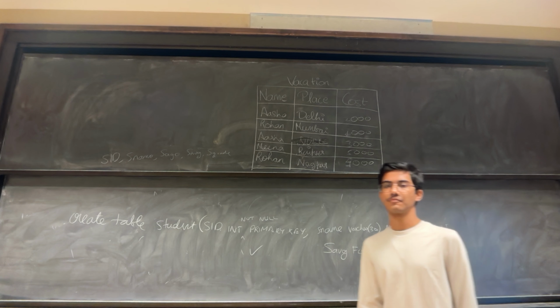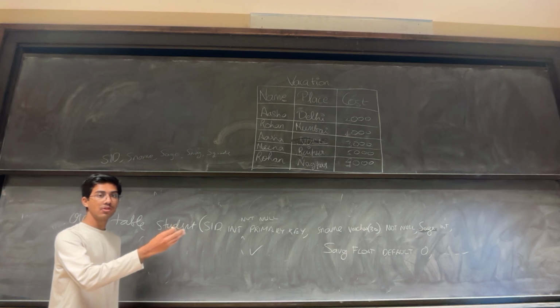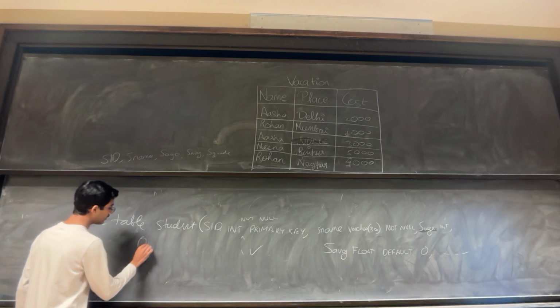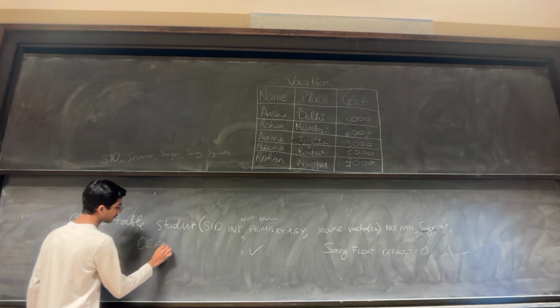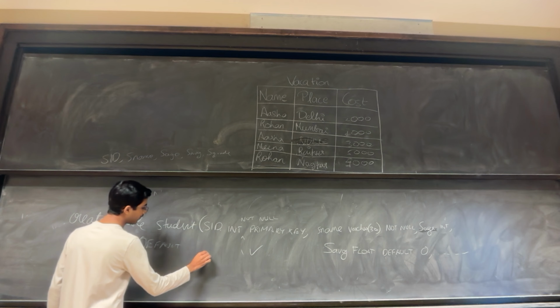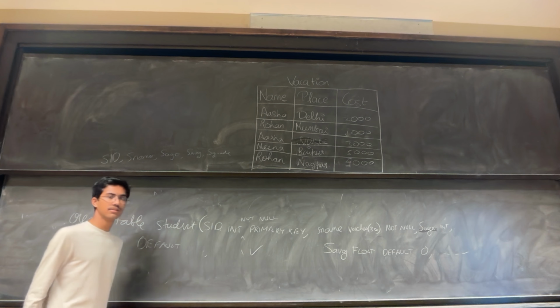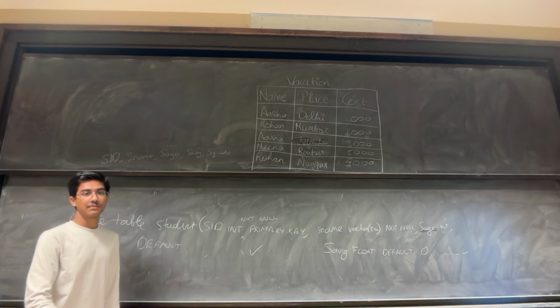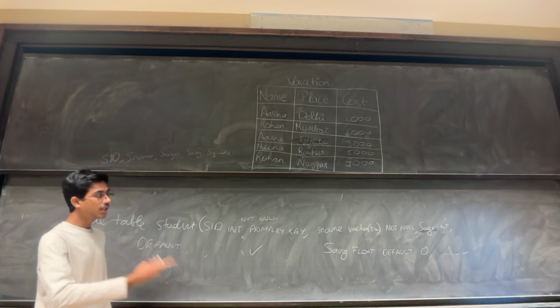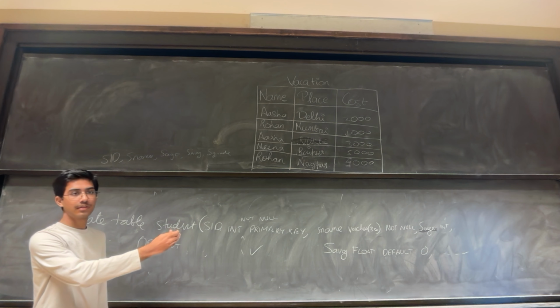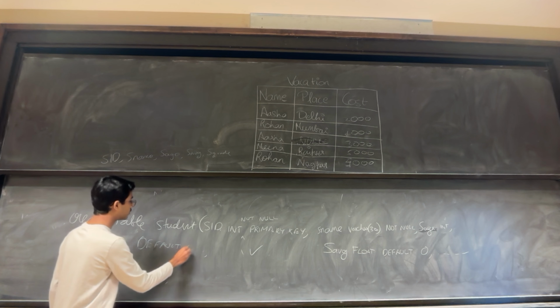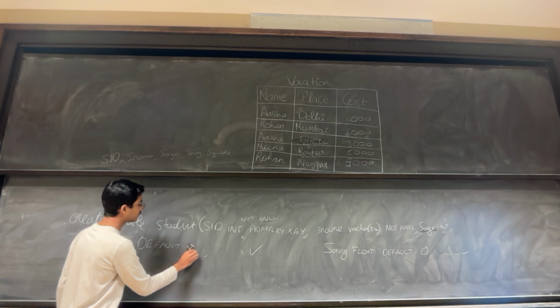Okay, so let's break down what happened here. When you assign a default value, the syntax is default and then the value, followed by whatever other things come after it. If it's a numeric data type, then you can just write default 0 or default 80, it doesn't matter.